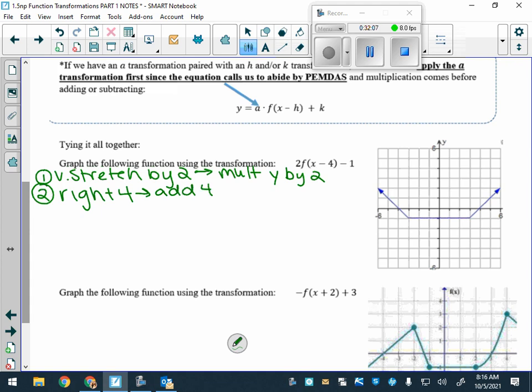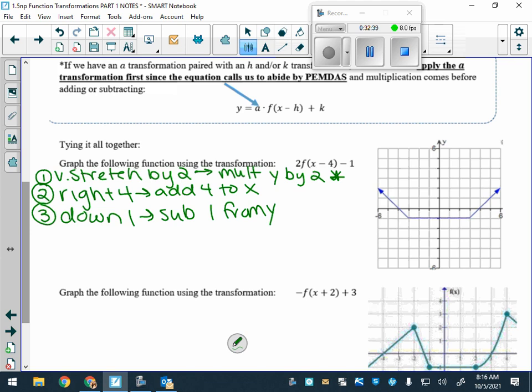Add 4 to X. And then what is the last transformation happening? Mia? Down 1. So you're subtracting 1 from Y. So since there are 2 transformations happening to Y, multiplication, because of PEMDAS, has to happen first. Okay, that has to happen first.